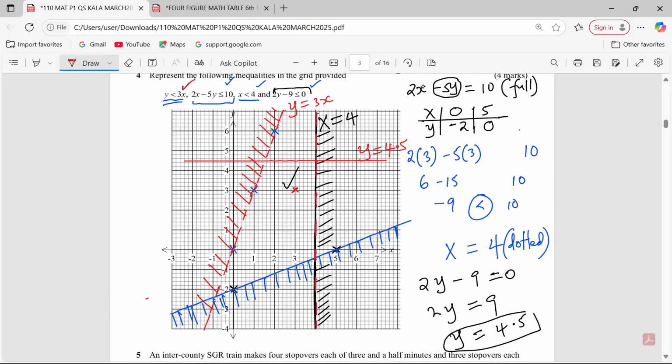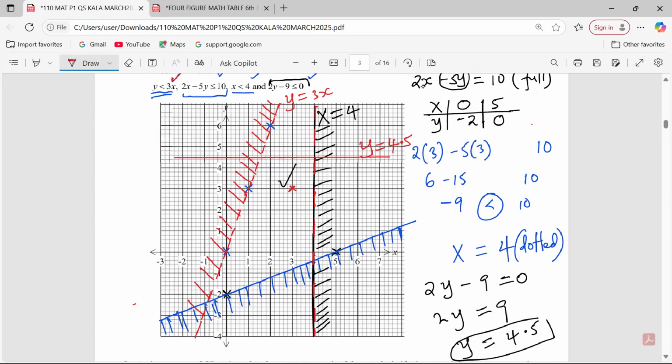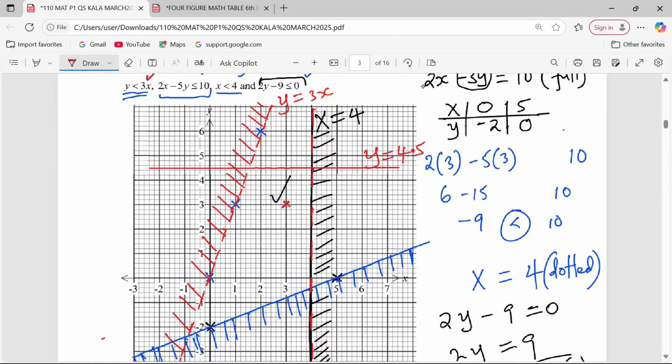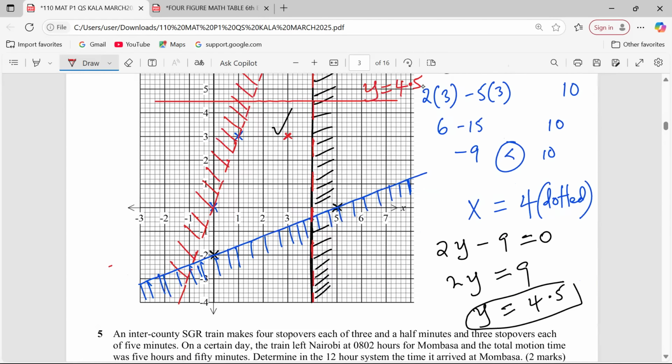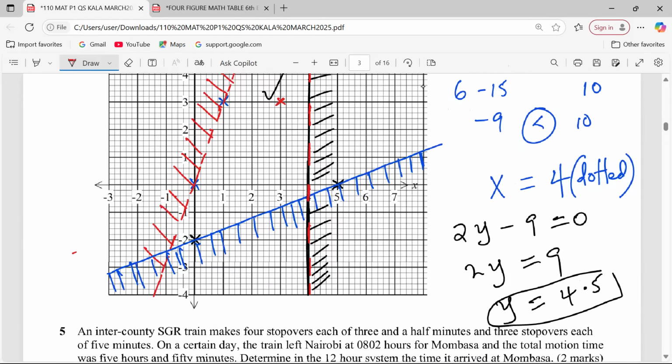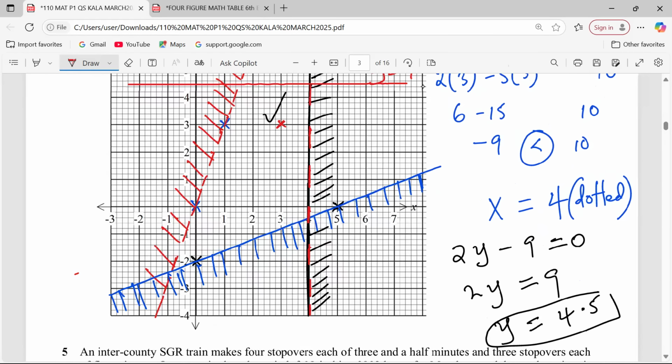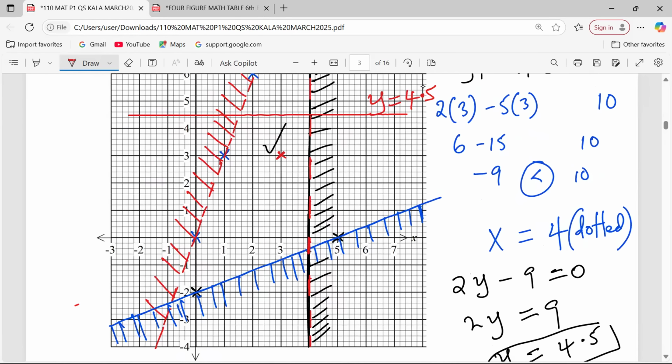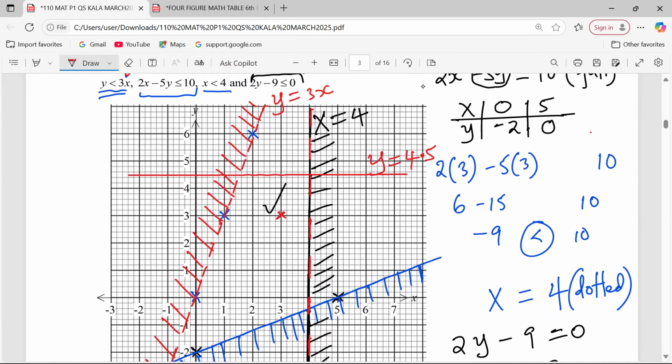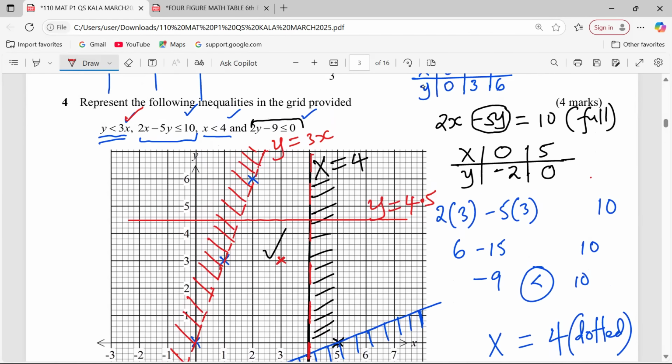So now we can check again the coordinate (3, 3), whether it is on the required side for the line that we've just drawn. In the process, you shall discover that when we bring 3 here, it's going to be less.